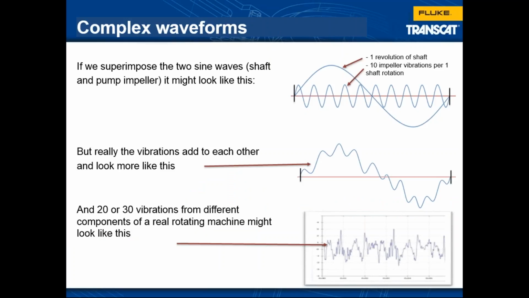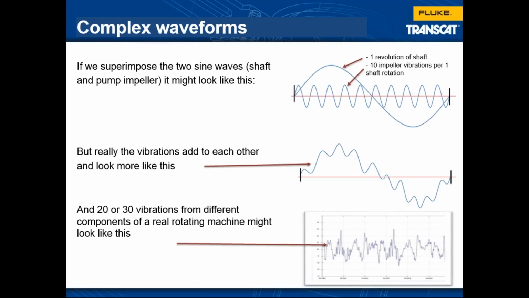Vibration analysis is about identifying vibration peaks in the data to components inside the machine. So here we see 2 vibration peaks on top of each other: the big sine wave from the shaft vibration, and the small sine wave that's repeating quickly for the 10 impeller vanes.